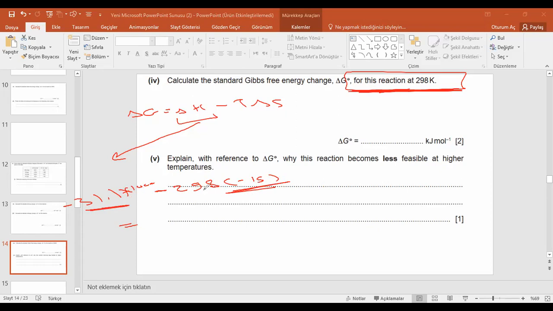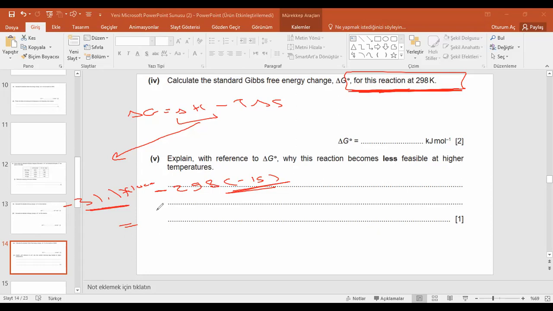So let's use our calculator: 31100 minus 298 times 15.